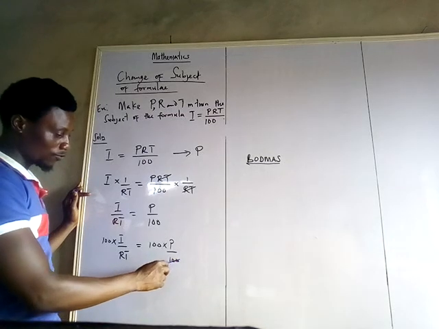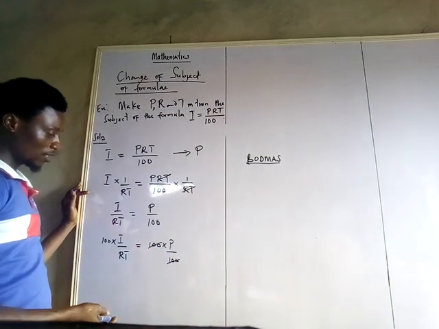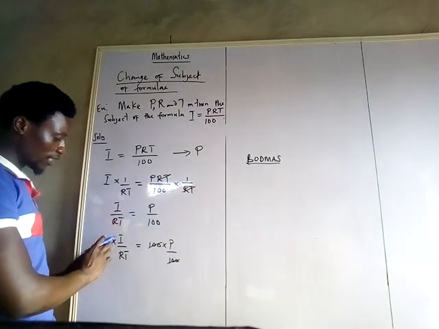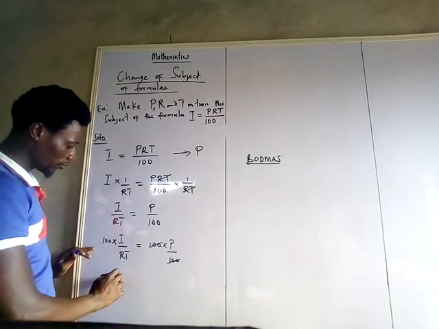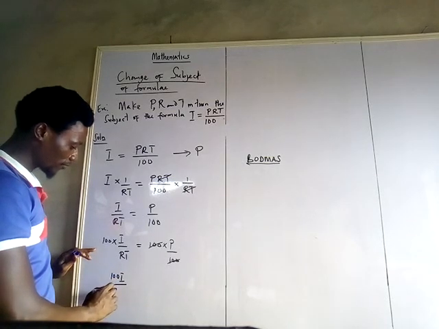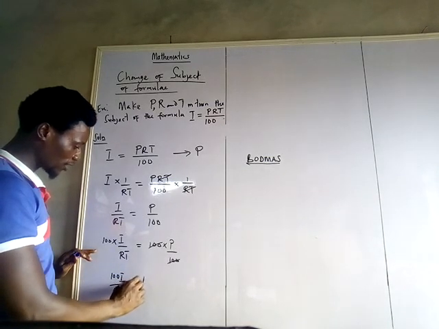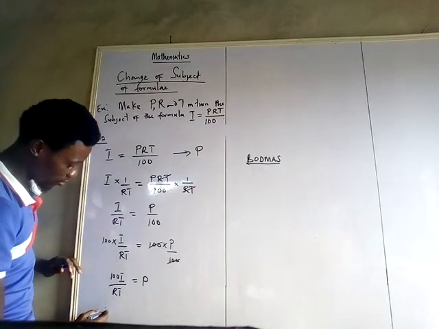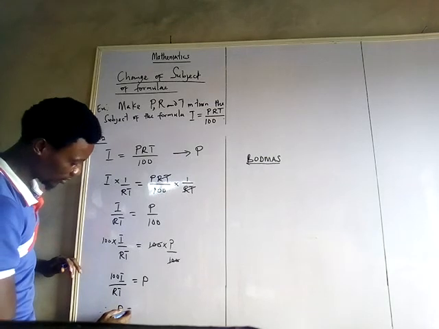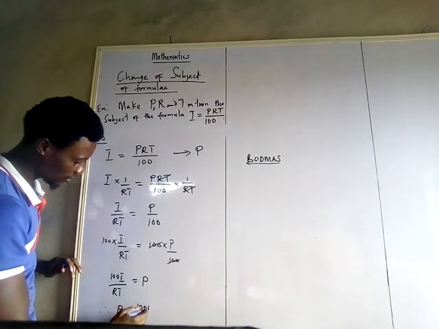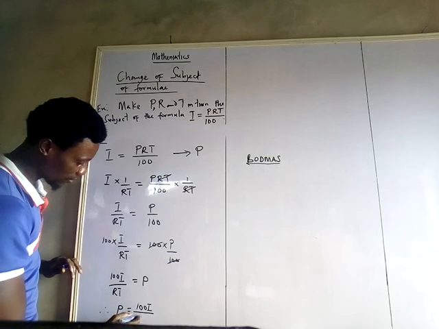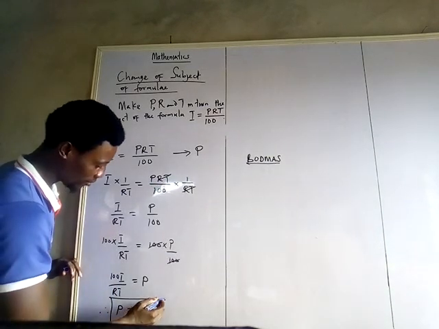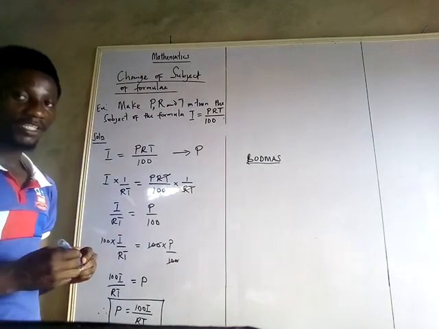So we have 100 cancel 100, and P is standing alone here, and here you have 100 times I, which is 100I over RT, which is the same thing as P. Therefore, P is successfully standing alone, which is 100I over RT, and that makes P the subject of the formula.